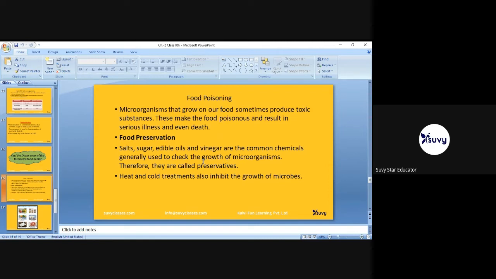Now we have different preservatives: salts, sugar, edible oils, and vinegar as well. These are the chemical preservatives. Apart from chemical preservatives, we have different processes. We do heat and cold treatment, which can also inhibit the growth of microorganisms.